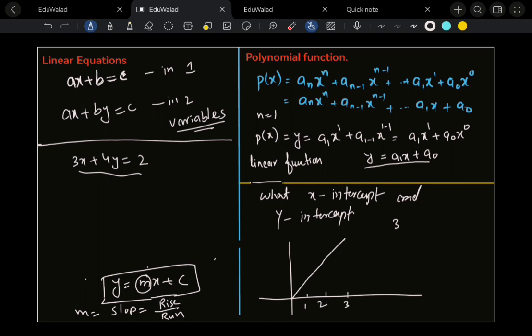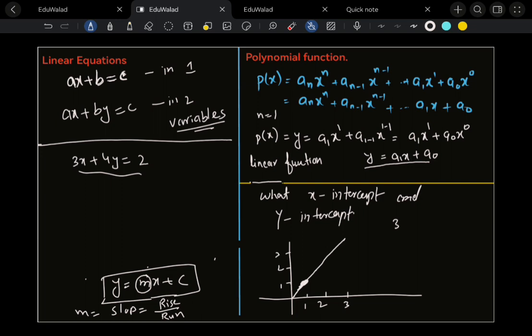If we move upward at this point 1, we rise 1 point, and we have to run 1 point as well, because at this stage we want to rise up, we have to run along the x-axis. So in this way we can find the slope is rise upon run.